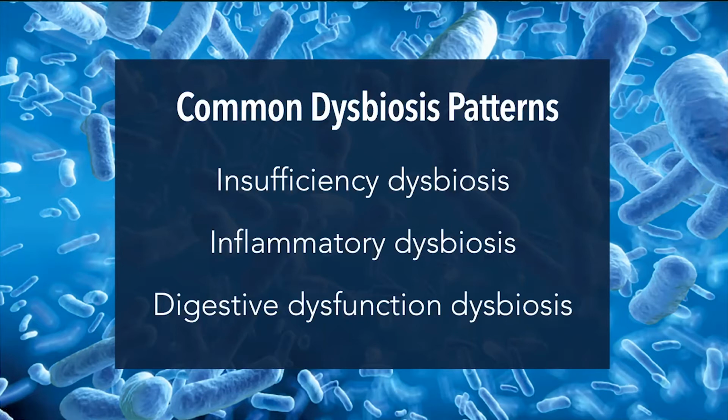And it's also important to understand how to identify that. And then lastly, digestive dysfunction dysbiosis, which is a generic term that we use because various aspects of digestion may be compromised or reduced and have an effect on the microbiome. And the microbiome, in some cases, can actually have an effect on digestion. So once again, I'll go through examples of this.